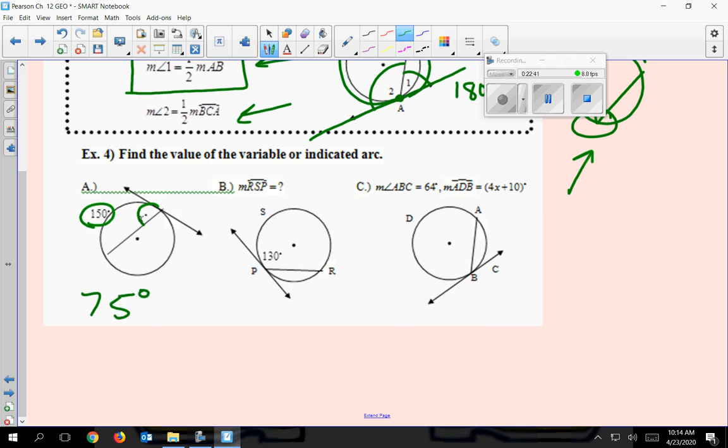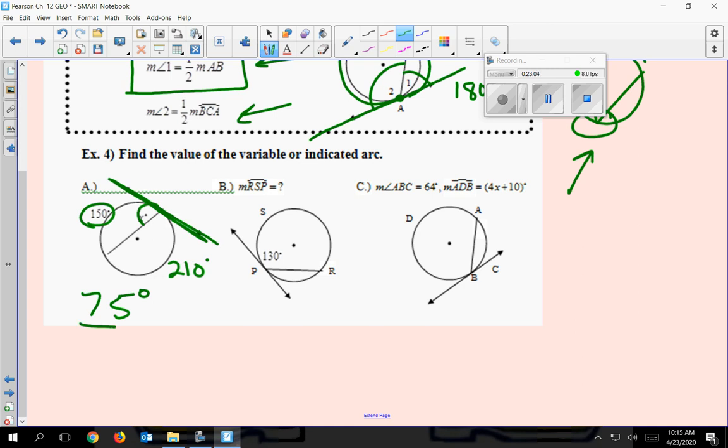Let me just use this to illustrate something else. That's 150 degrees of the circle. So I subtract that from 360. That gets me that this is 210 degrees, okay? So 210 plus 150 is 360. And remember, this is a straight line, it's 180.